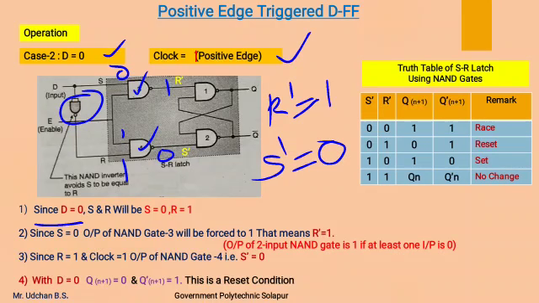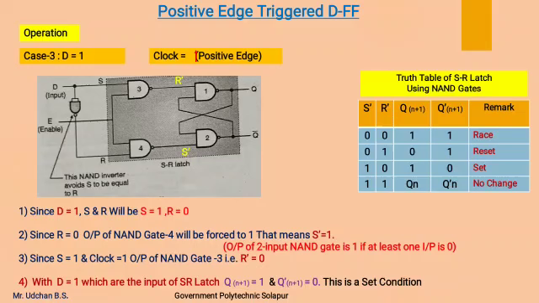So when R dash is 1 and S dash is 0, at that time the output is going to get reset, meaning Q will become 0 and Q complement will become 1. So with D equal to 0, the next state output, that is Qn plus 1, will become 0 and Qn plus 1 complement will become 1, which is the reset condition of the flip flop.